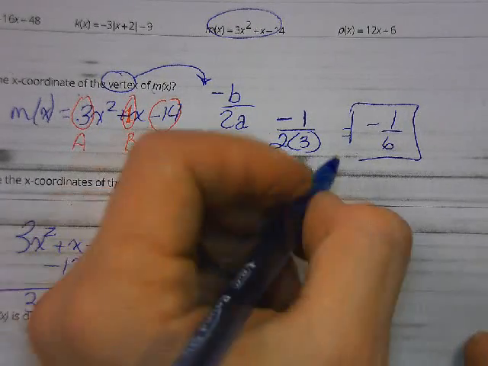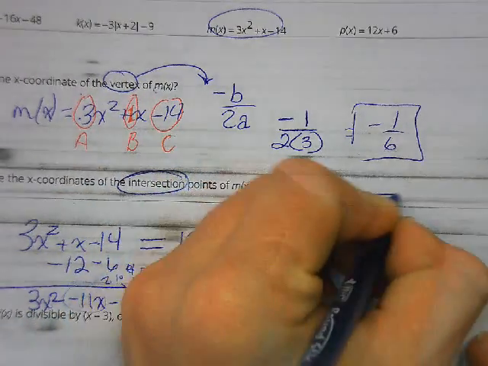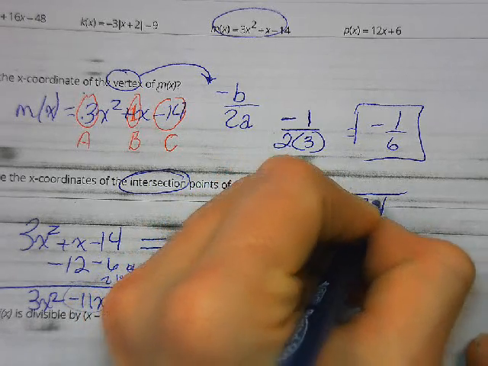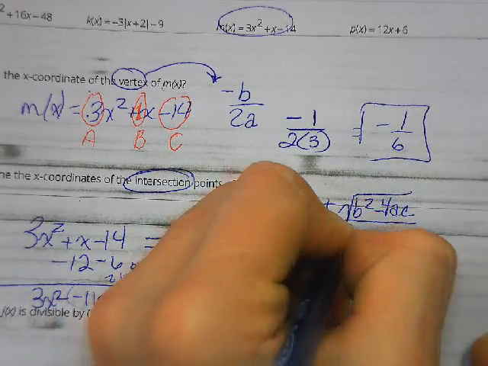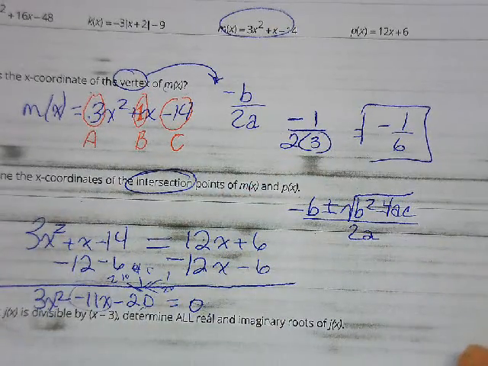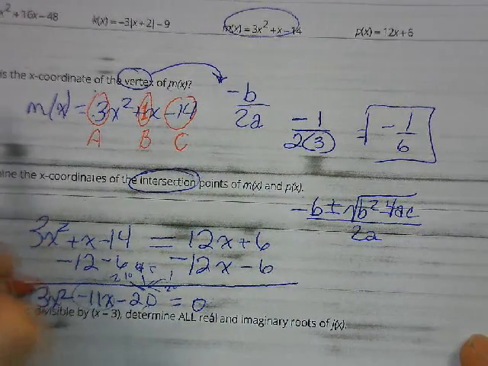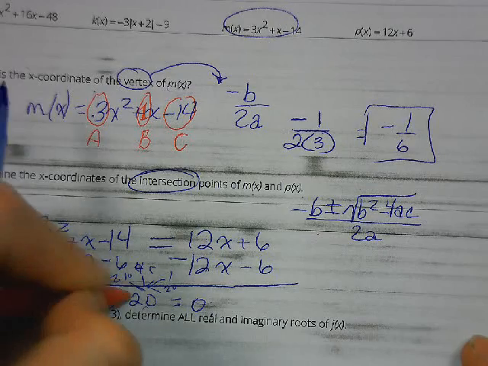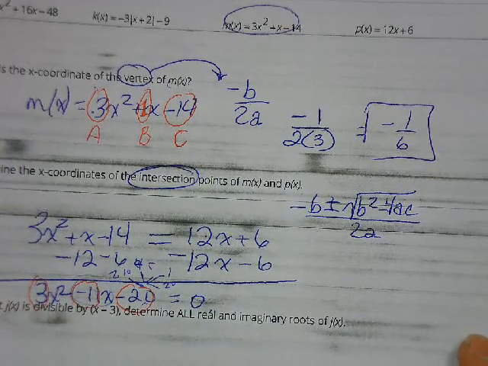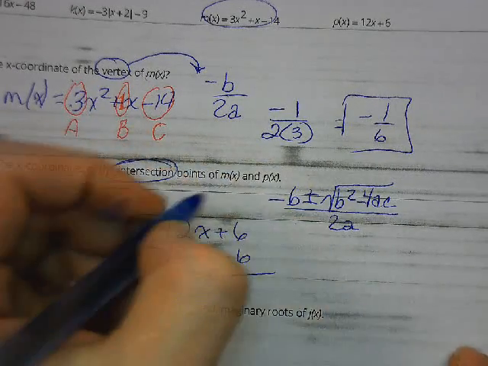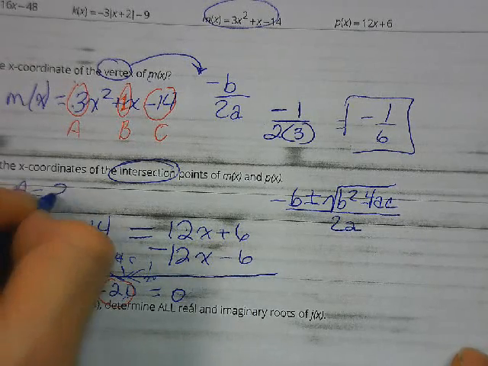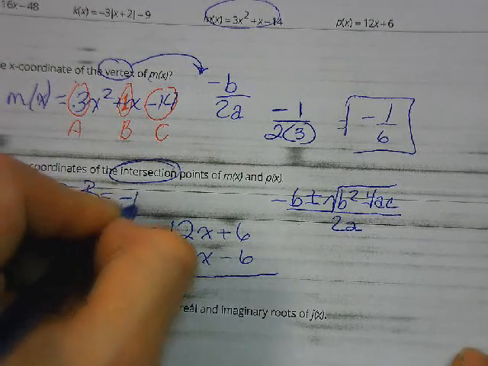Negative b plus or minus the square root of b squared minus 4ac, all of that will be divided by 2a. Again, you're going to use your ABCs. There's your A, there's your B, and then there's your C. So A equals 3, B equals negative 11, and C equals negative 20.